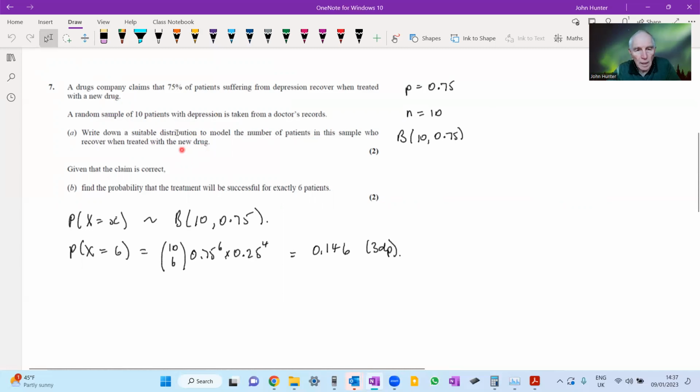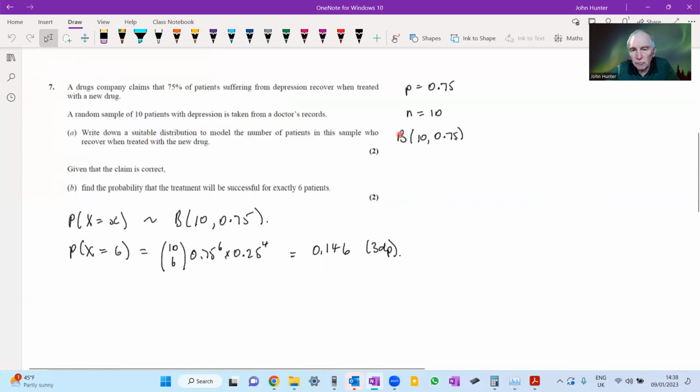Okay, so this is our p here, isn't it? At 0.75. We've got 10 patients, so we're doing effectively 10 trials. And the number of patients who recover will be your random variable, typically big X.